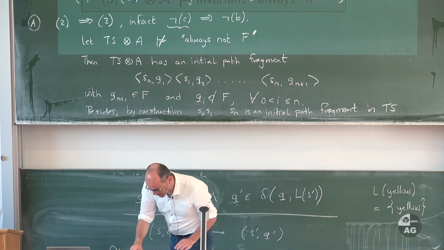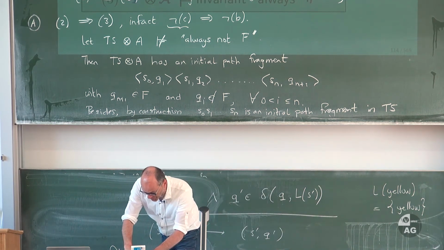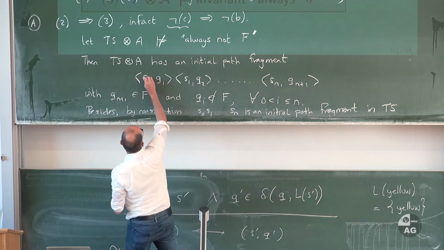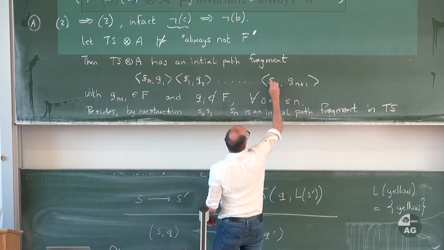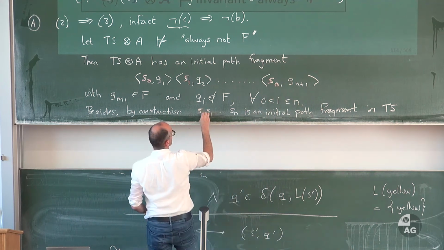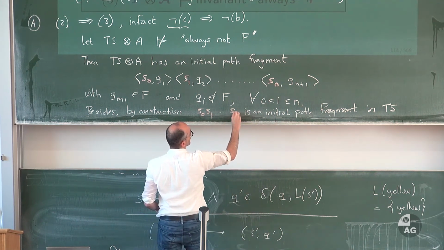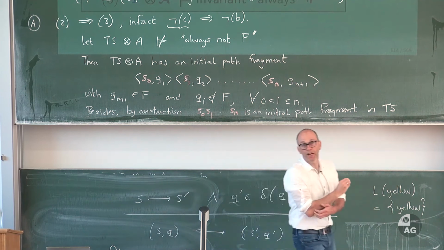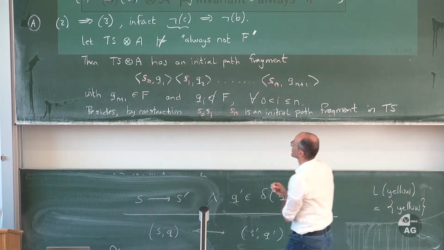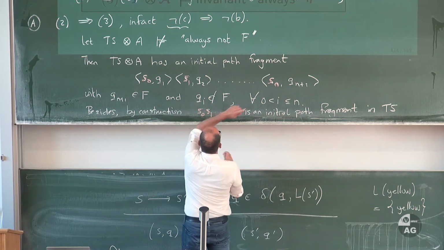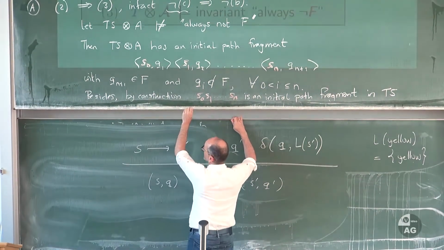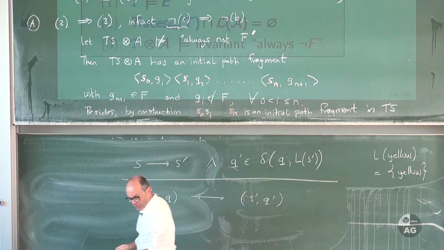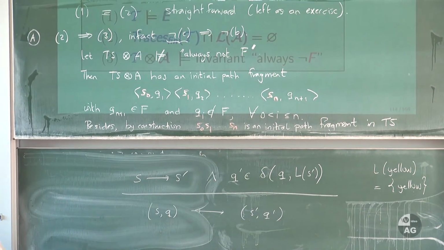So what I'm saying here is if I only consider the first components, S0, S1, Sn, this is an initial path fragment of TS. And if I only concentrate on the second components, then I know that this is actually ending in a final state. And actually I know more, because it means that my automaton has a run.